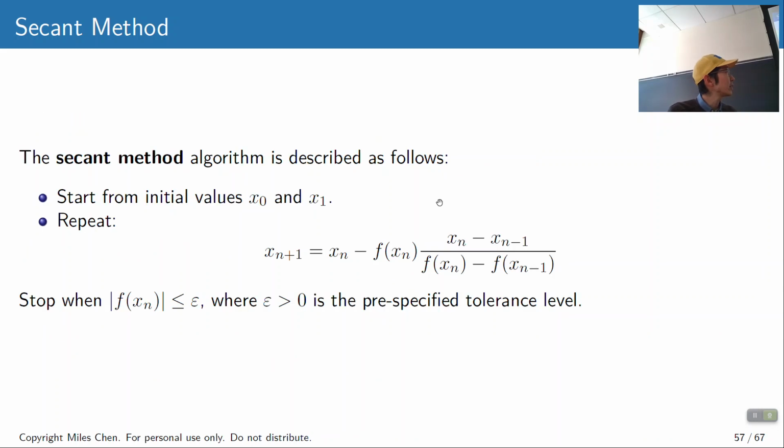You'll have a little bit of that to explore in homework 5, which has just been posted. This is the algorithm for the secant method, and you keep running until f of x is less than some tolerance level epsilon.